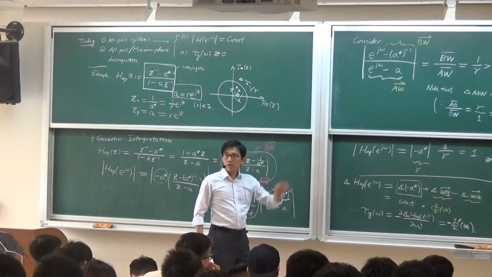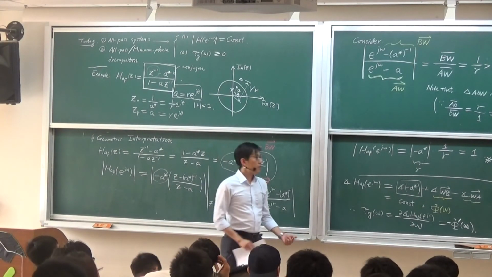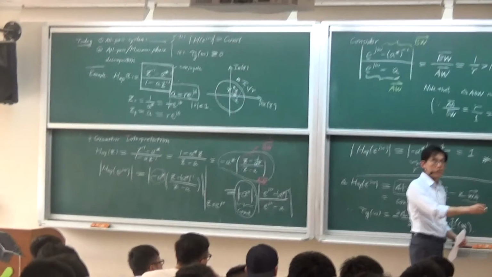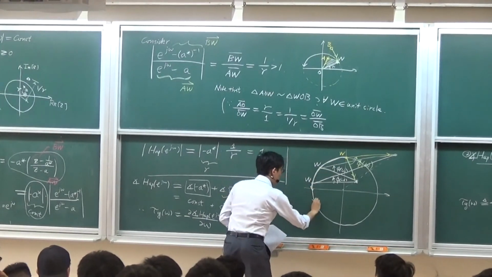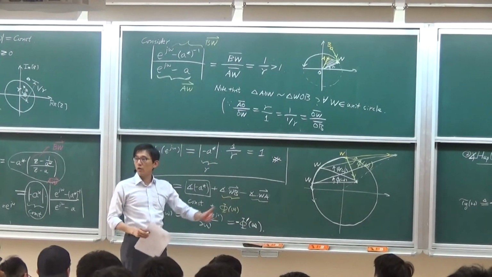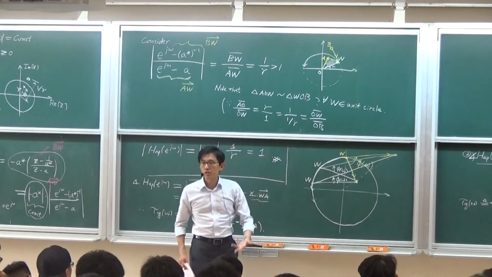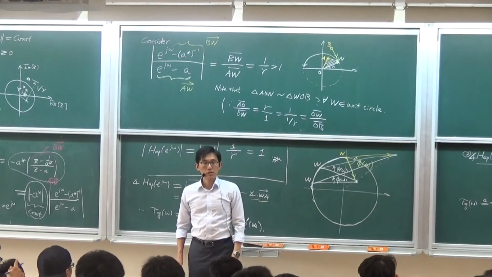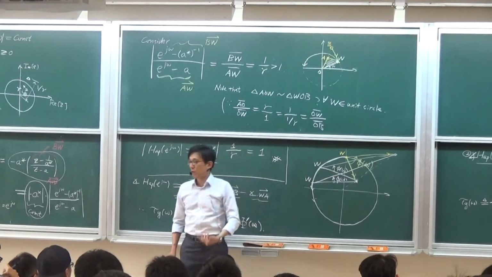Because if it does, then the group delay is positive. So the conclusion is we want to move W around. I hope you can create a kind of mental picture. When we move W around, does phi keep decreasing? That's the question to ask.